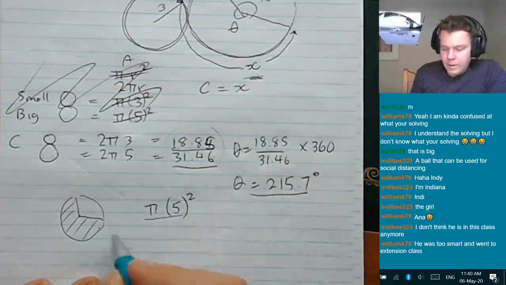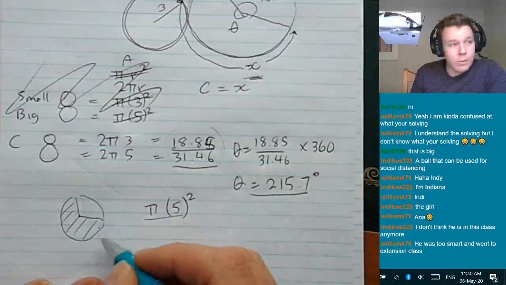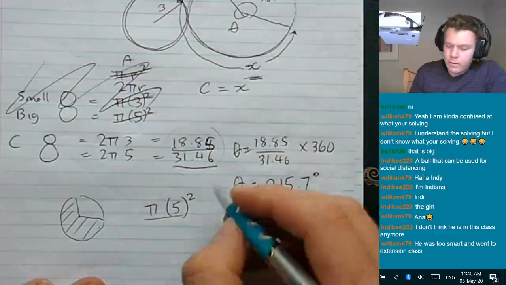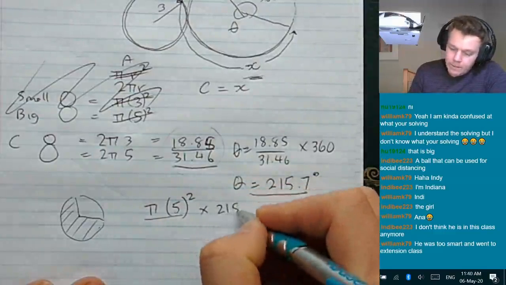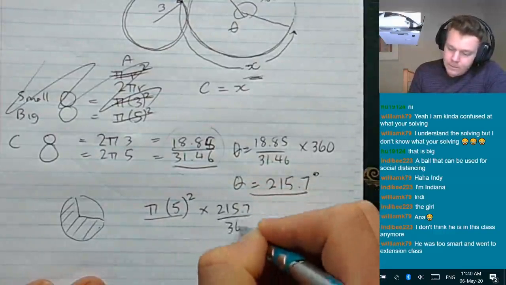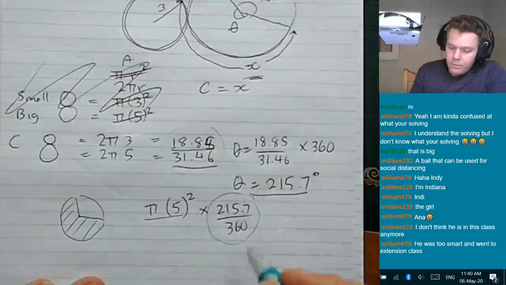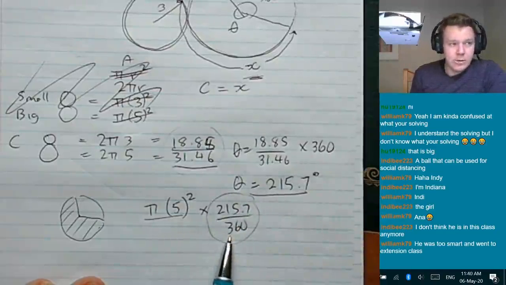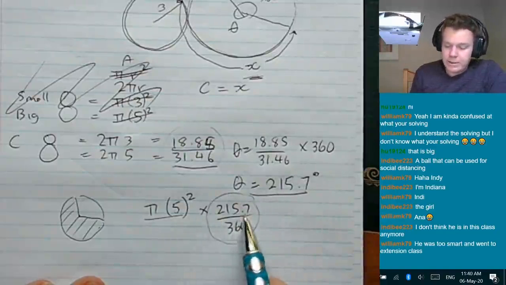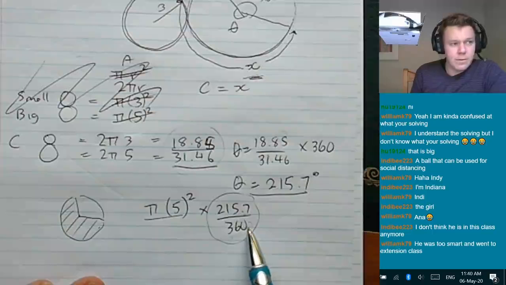That would be the area without that proportion cut out. So we want to multiply that by our proportion of the 360 degrees, the fraction of the circle, 215 degrees out of 360 degrees.